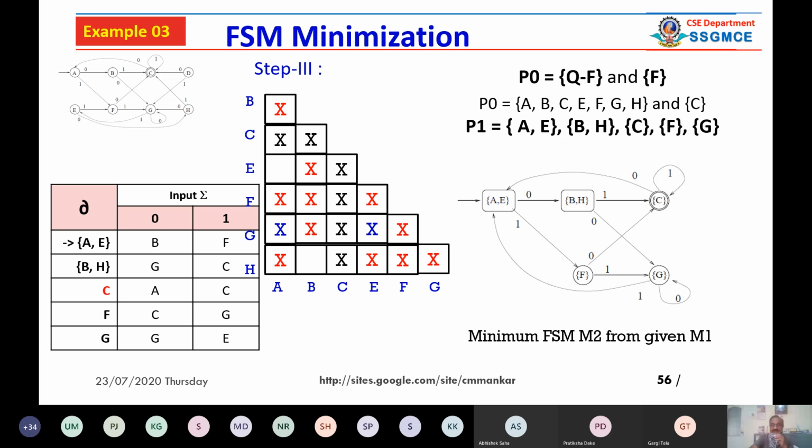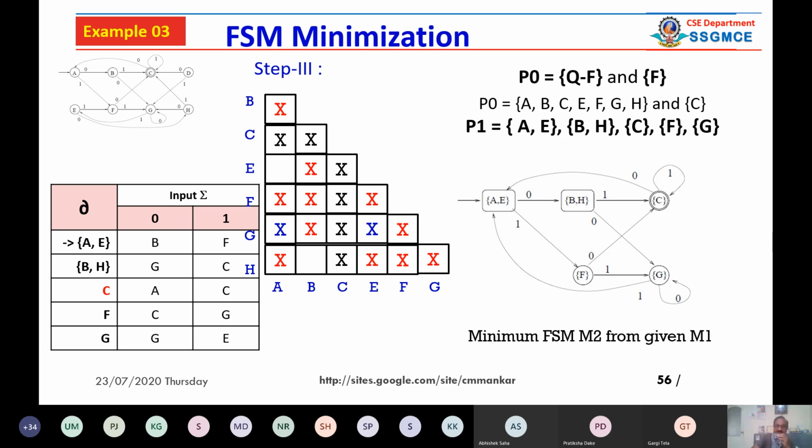So from previous transition table, we can generate new transition table like this by grouping AE and BH. C है, F है और G है, and we can draw from transition table. We can easily draw the transition diagram.